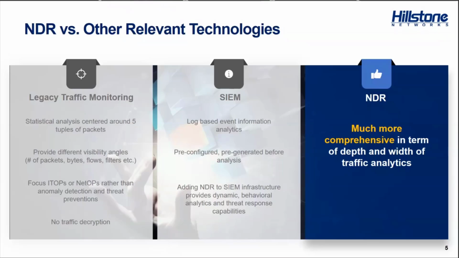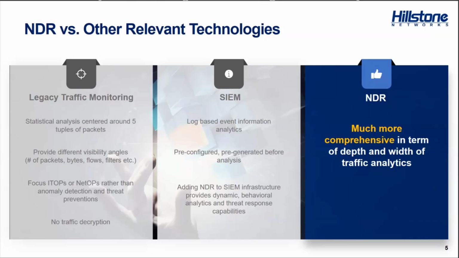On this page, I will briefly describe the differences between NDR technologies and some other relevant technologies, namely traffic monitoring and SIEM. We all have seen these traffic monitoring pages, usually on firewall devices, IPS devices or other traditional security devices.